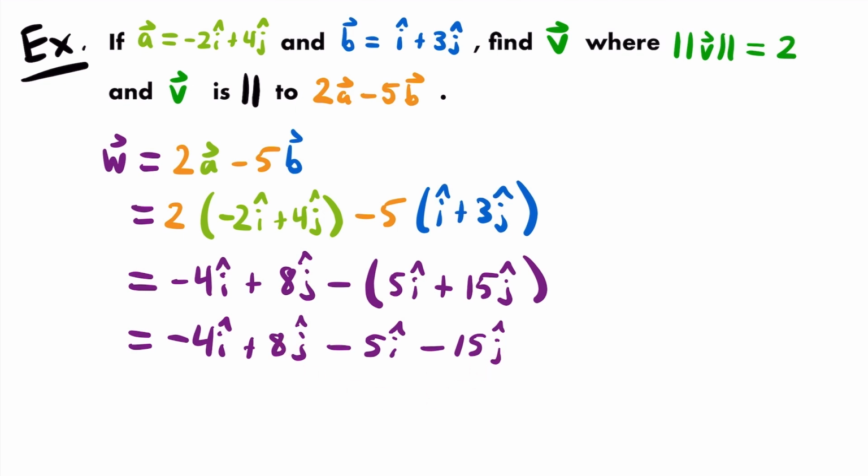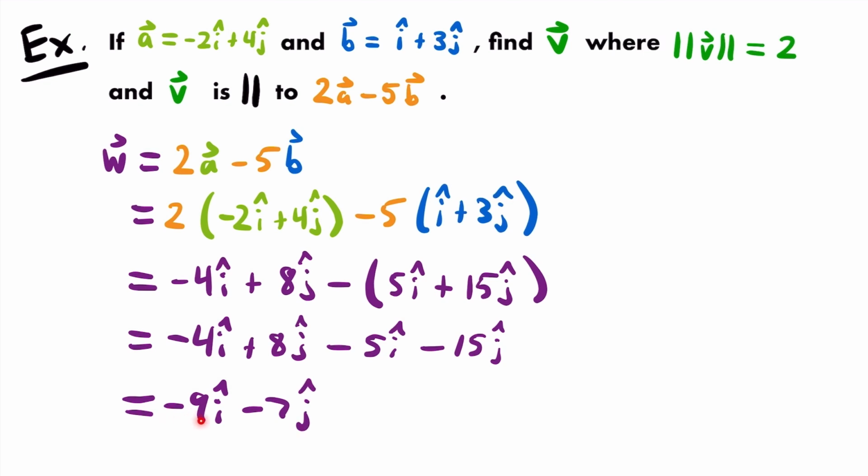This is just like adding the x and y components of our vectors together when we do vector addition. We have our x components, which are the coefficients of the i vectors, and our y components, which are the coefficients of the j vectors. All right, so negative 4 and negative 5 become negative 9. So this is equal to negative 9i, and then positive 8j and negative 15j will become negative 7j.